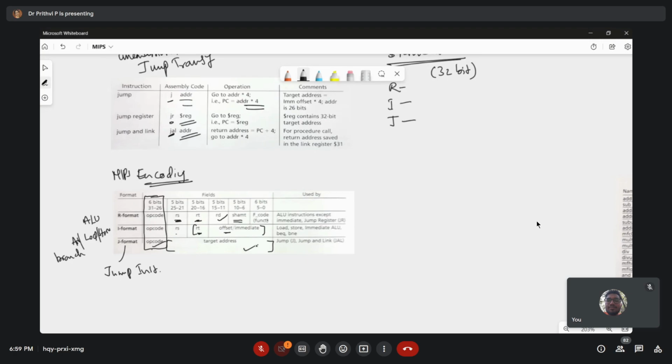That will be directly shown in the target address, where registers are not needed. Whatever instruction where we are not taking any register help, we can directly use the J format.